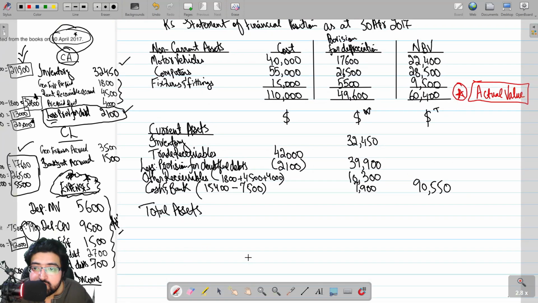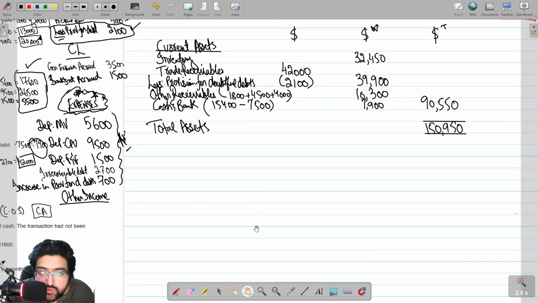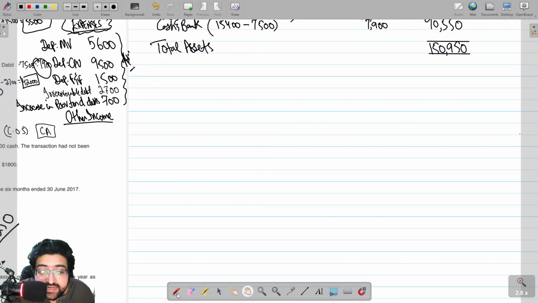So 60,400 plus 90,550, add both, you will get 150,950. You don't have to leave a line. I'm just leaving a line to show it clearly to you. This is the value of my total assets, 150,950.